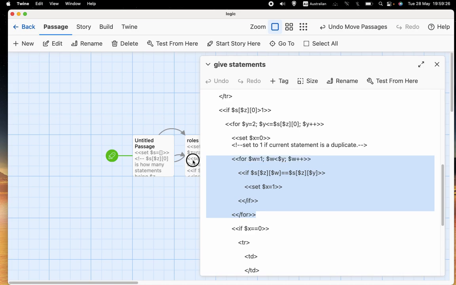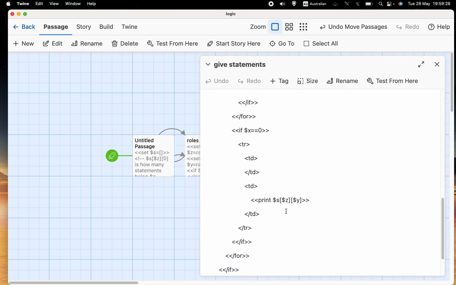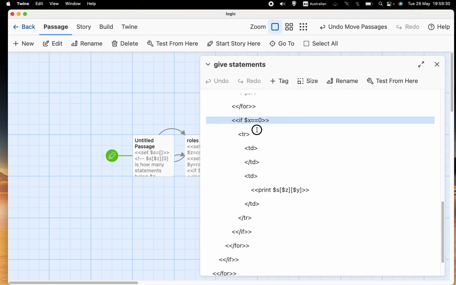We go through this loop, and if x is equal to 0, in other words, if we haven't found a duplicate, sorry, is that the code we're looking at? Is that slightly misaligned? I don't know.